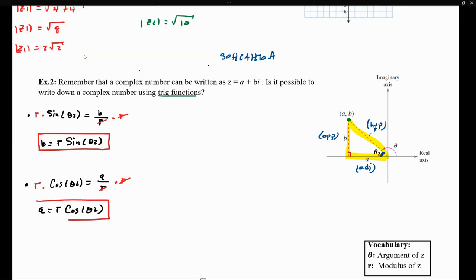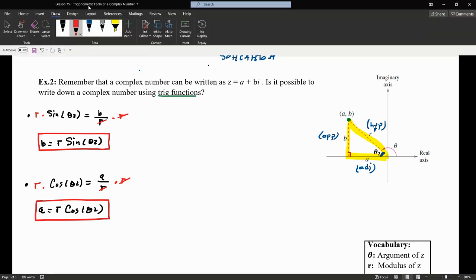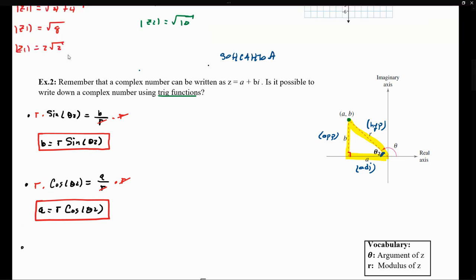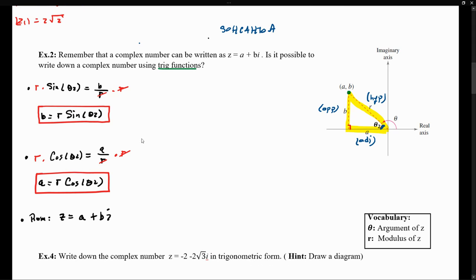Now, if we put it all together, remember that a complex number can be seen as a plus bi. But I know that a can be seen as r cosine of my reference angle, and I know that b can be seen as r sine of my reference angle.